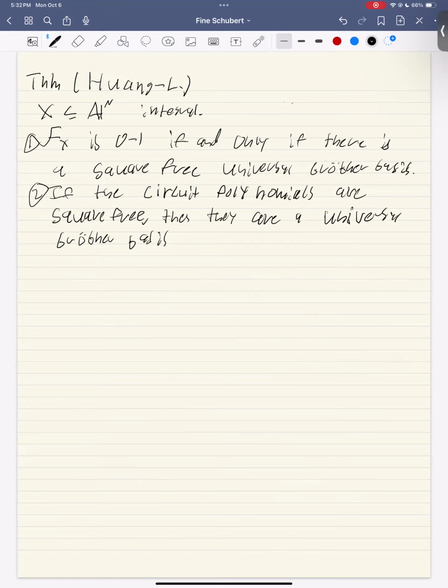By square free, I mean a polynomial none of whose monomials contains any squares, for example x1 x2 plus x3. So if you can compute the circuit polynomials and check that they're square free, then they are a universal Groebner basis.